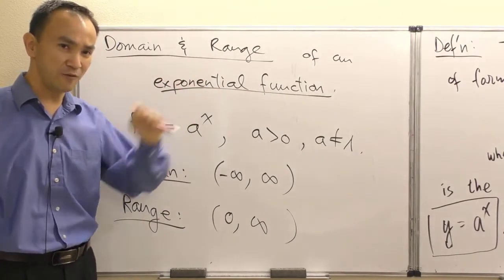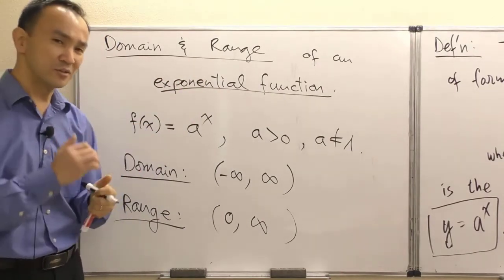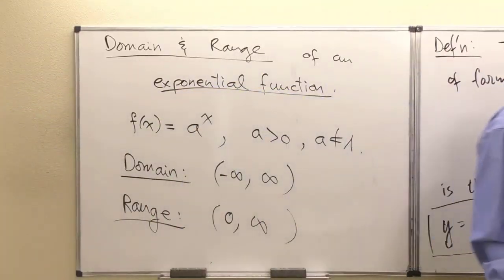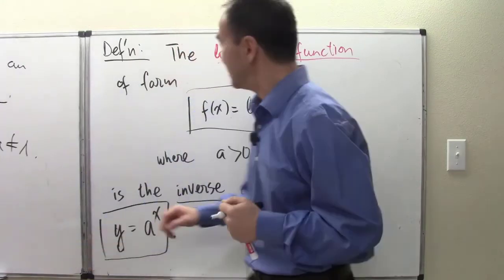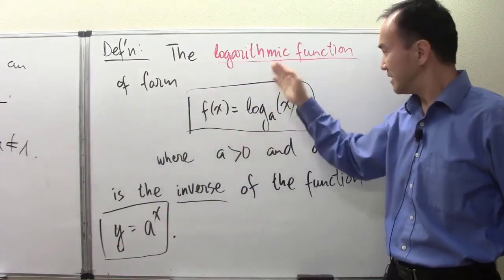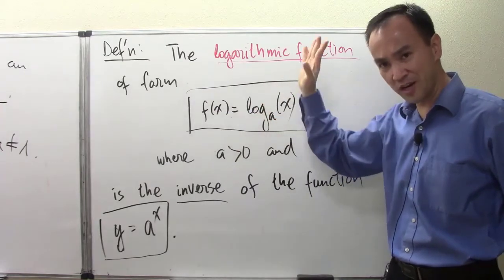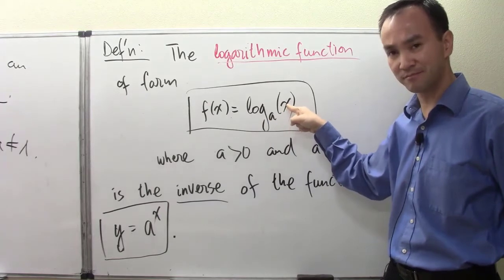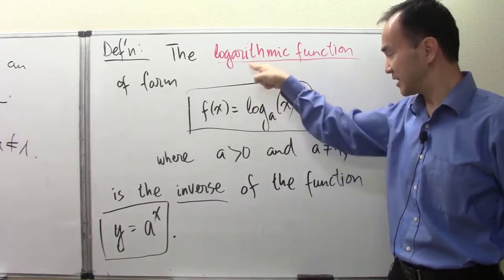Now I'm going to swing over to the other board where the definition of a logarithmic function is still there. So any function of the form where the rule says take logarithm base a of a given input x is called a logarithmic function.